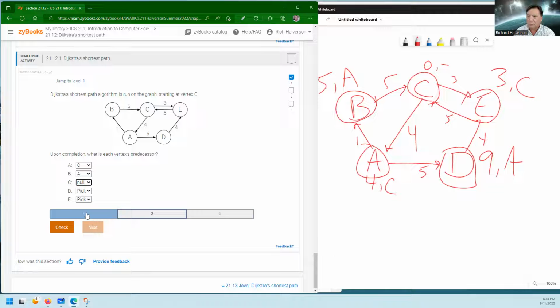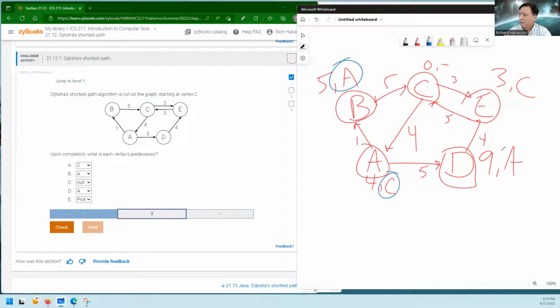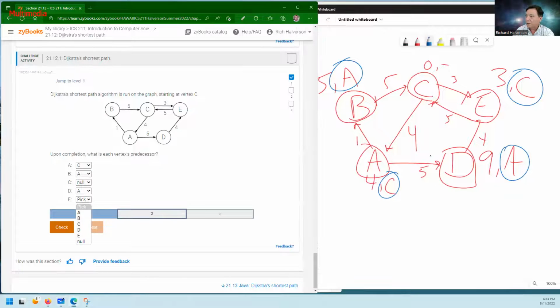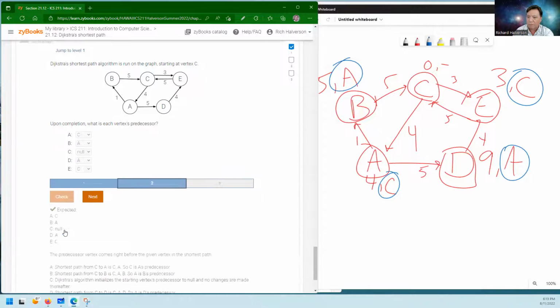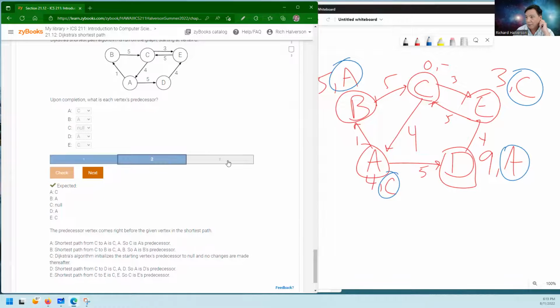There's no predecessor. D's predecessor is A. Basically, I'm talking about these here. These are the predecessors. And E's predecessor is C. See if this is right. Very good.